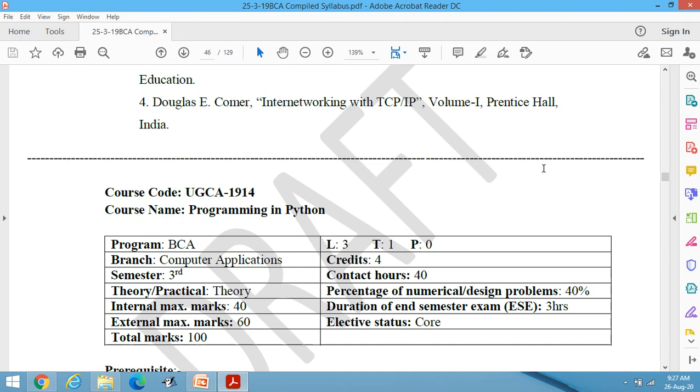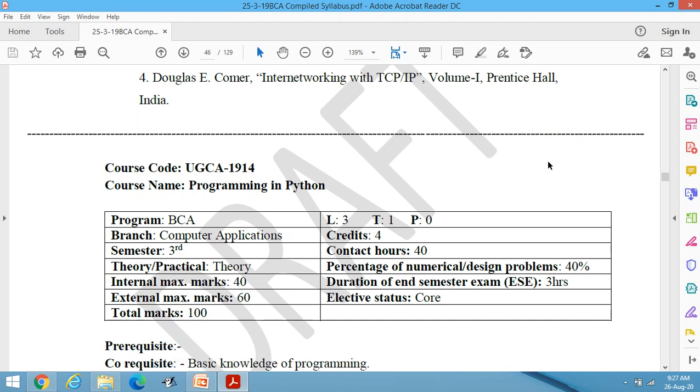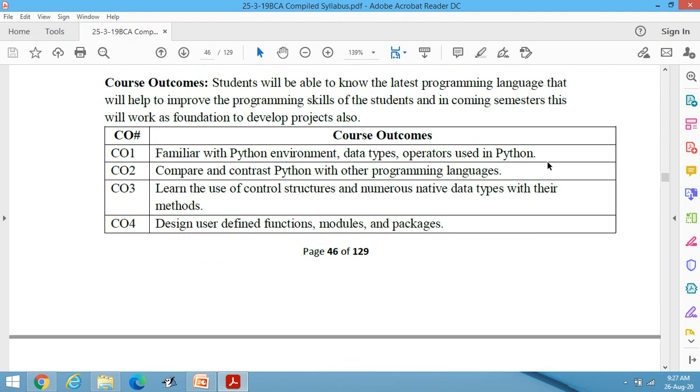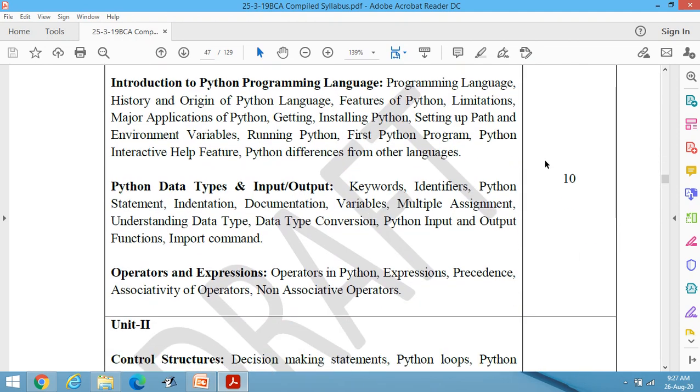In today's lecture of Python, I am going to discuss Python input and output functions and the import command.